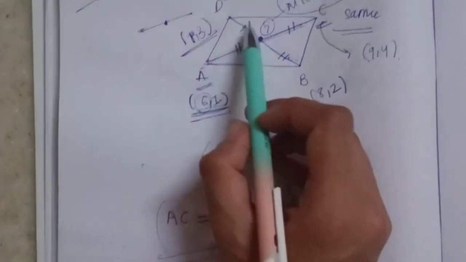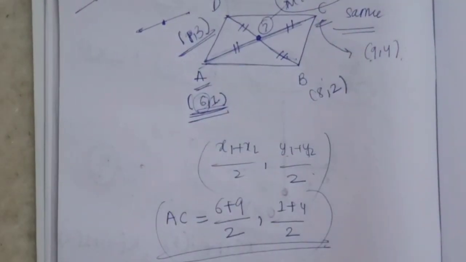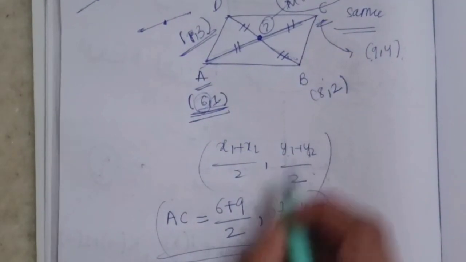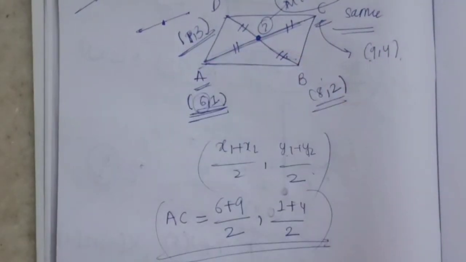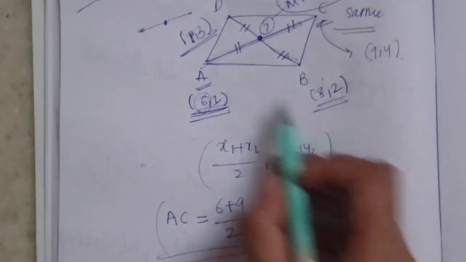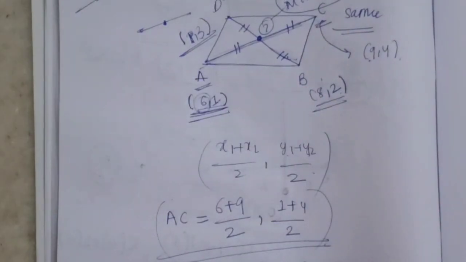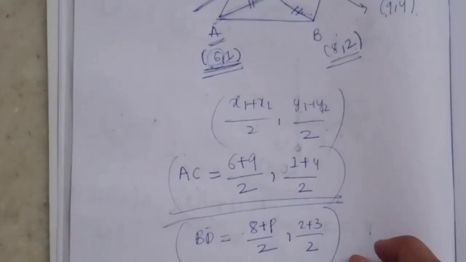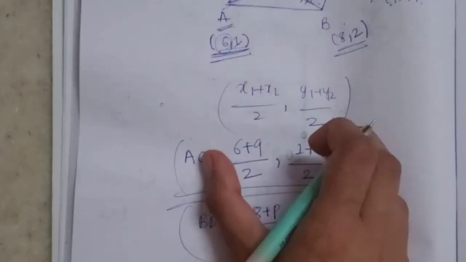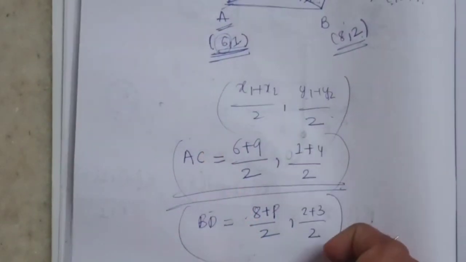Let us find the midpoint of diagonal BD. x1 plus x2 by 2, comma, y1 plus y2 by 2. Now let us equate it because both midpoints are the same.